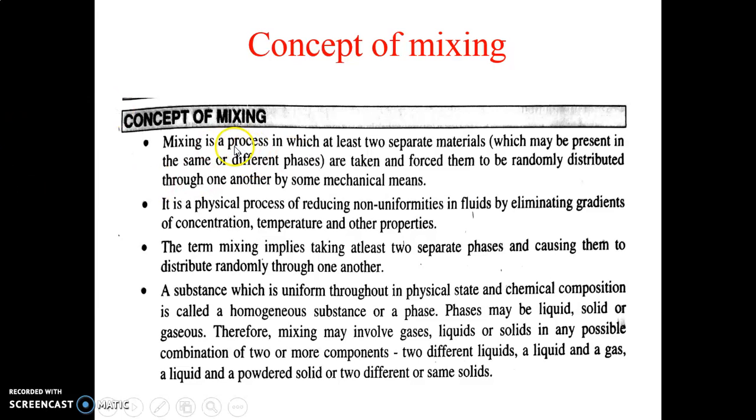So what is mixing? Mixing is a process in which at least two separate materials, which may be present in the same phase or different phases, maybe liquid or gas, liquid, solid, liquid, like that, are taken and forced to distribute randomly through one another by some mechanical means.